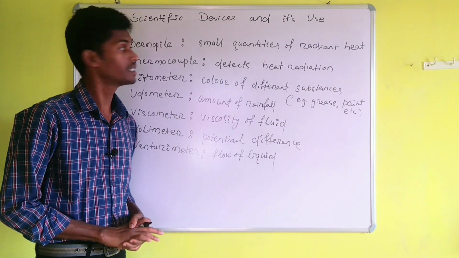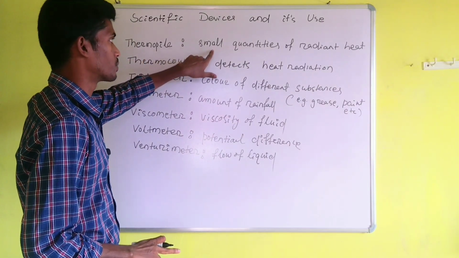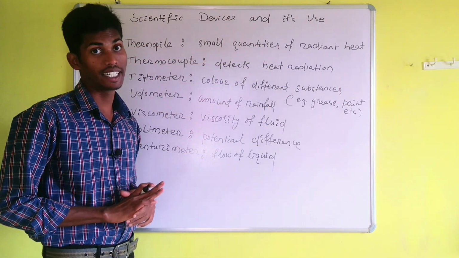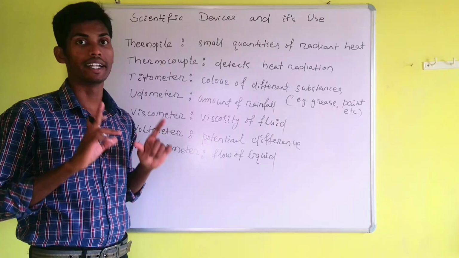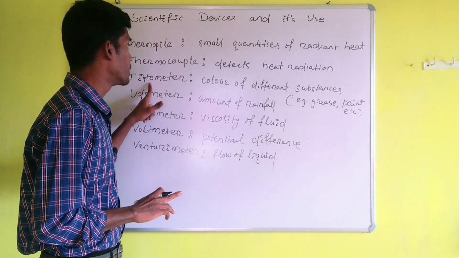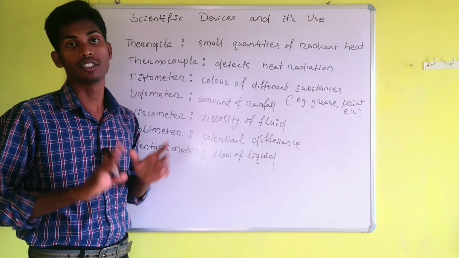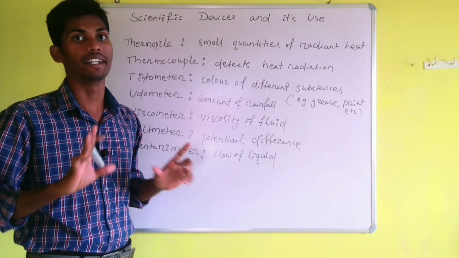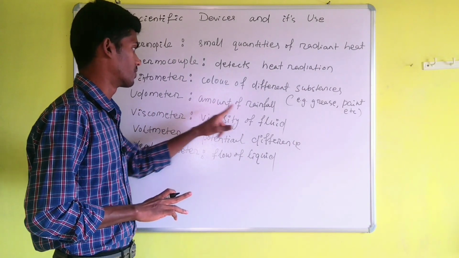Now repeat with me. Thermopile is used to measure small quantities of radiant heat. Thermocouple measures and detects heat radiation. Tintometer measures color of different substances such as grease, paint, etc. Odometer measures amount of rainfall.